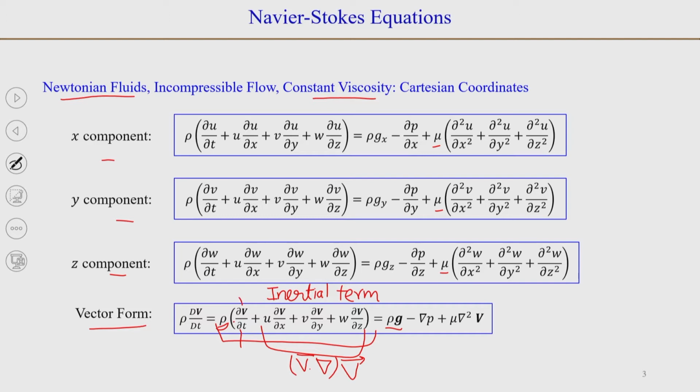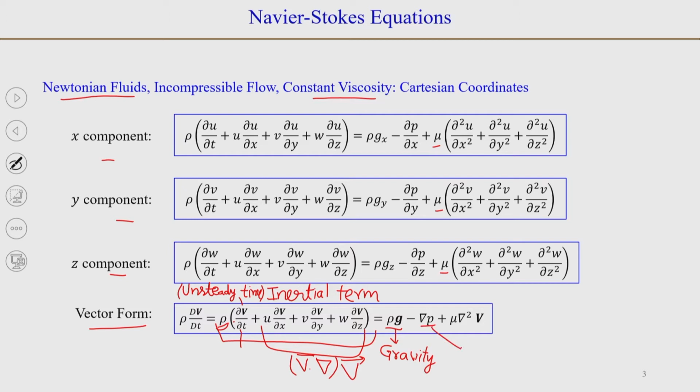And the first term is known as the unsteady term or transient term because it is time dependent. So, when the flow is steady, this term will be 0. Now, this is the term due to gravity, or you can replace rho g with a body force, if there is a body force apart from gravity.